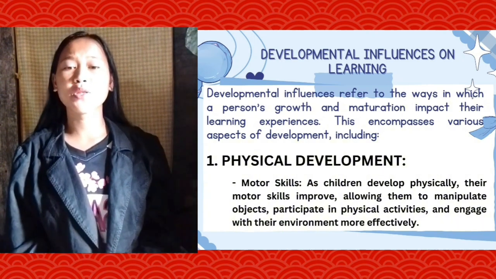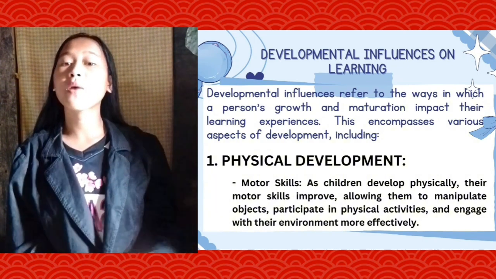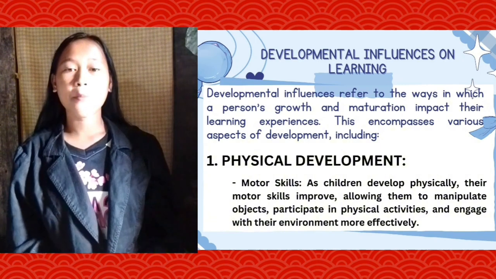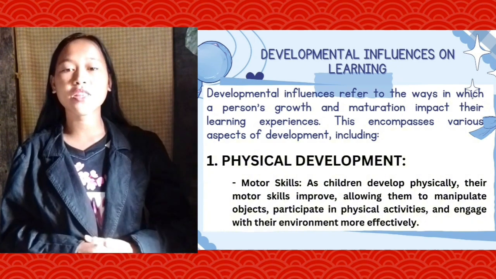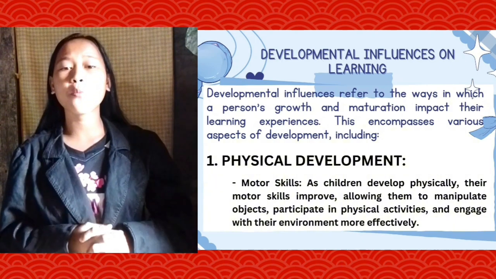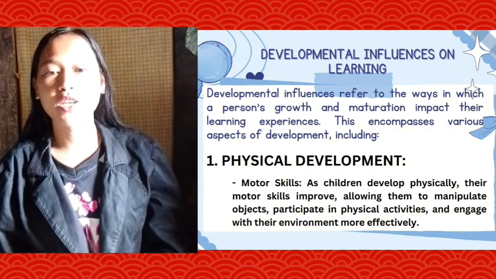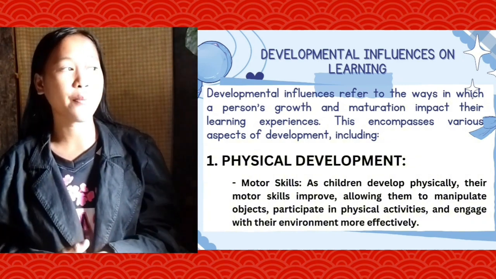When we say motor skills, as children develop physically, their motor skills improve, allowing them to manipulate objects, participate in physical activities, and engage with their environment more effectively. In short, developing motor skills is crucial for children's physical, cognitive, and social development.